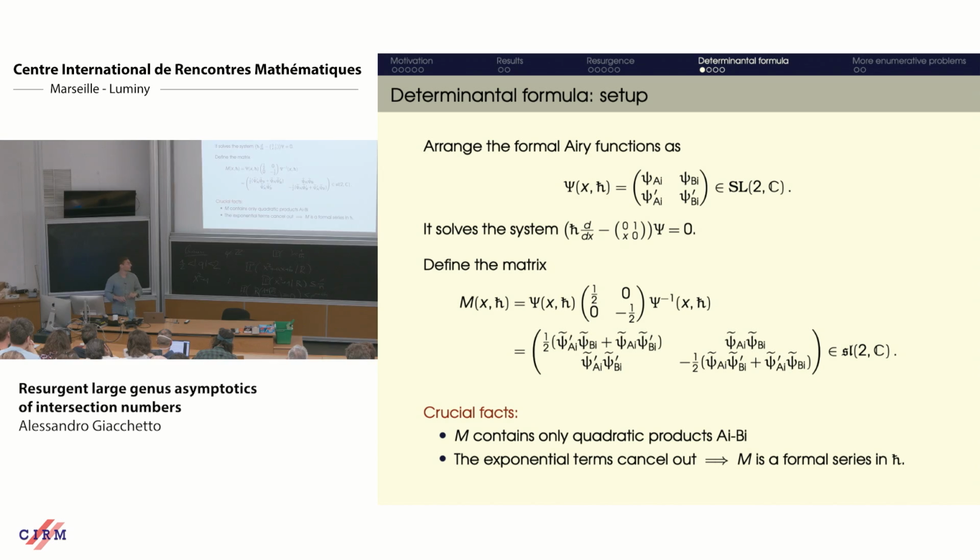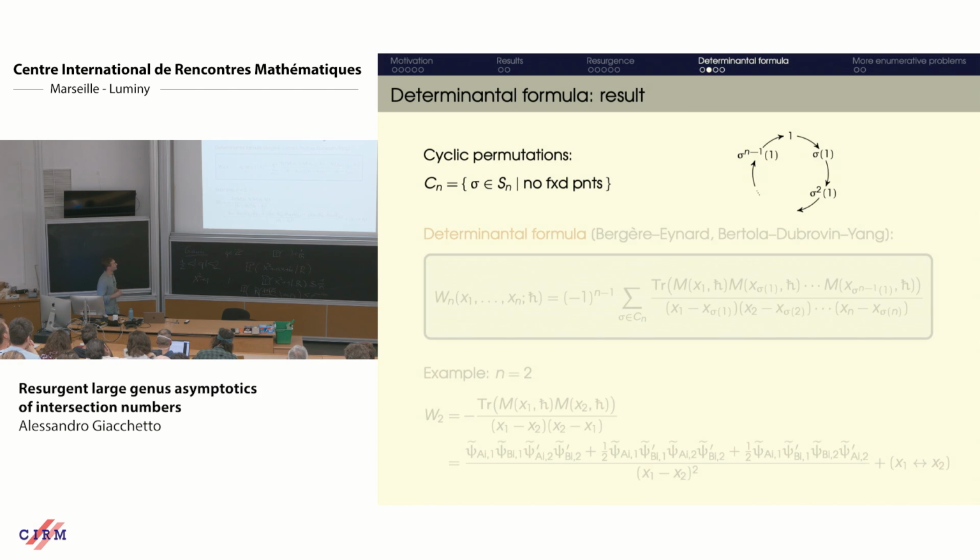Good. The last ingredient to state this determinantal formula is the notion of cyclic permutations. A cyclic permutation of order n is just a permutation sigma that has no fixed points. You can visualize a cyclic permutation like this. Imagine you take 1, a cyclic permutation will send it to sigma(1) and so on, so that at the end you get a single cycle of length n.